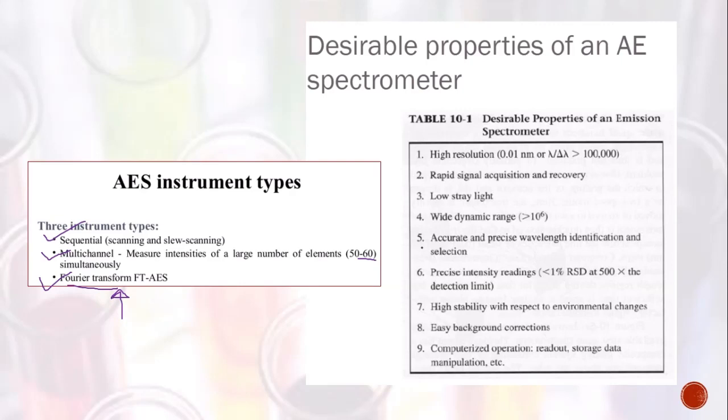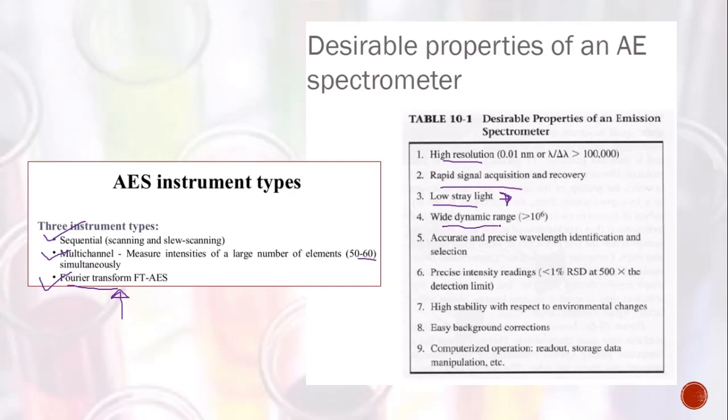Now, what is important about all the emission spectrometers that we have is that they should have high resolution. We should have rapid signal acquisition. They should have low stray light, like light should really fall on the monochromator so that it does not fall away. Otherwise, if it falls away, then it will give us reduced intensity at the end.